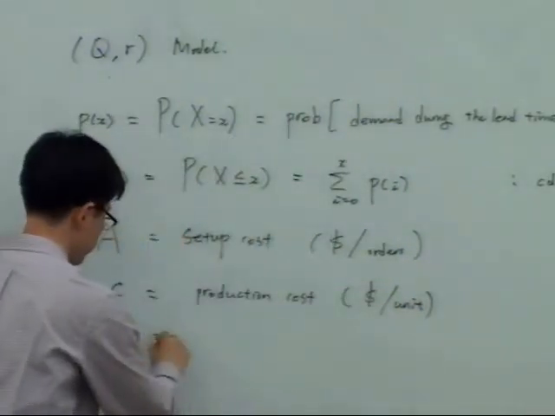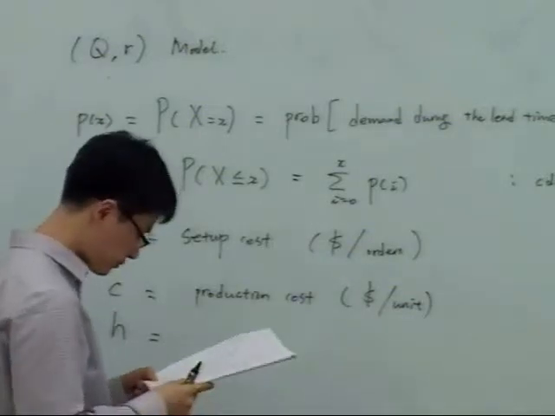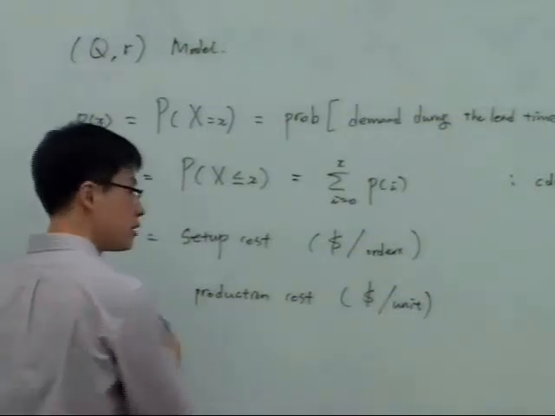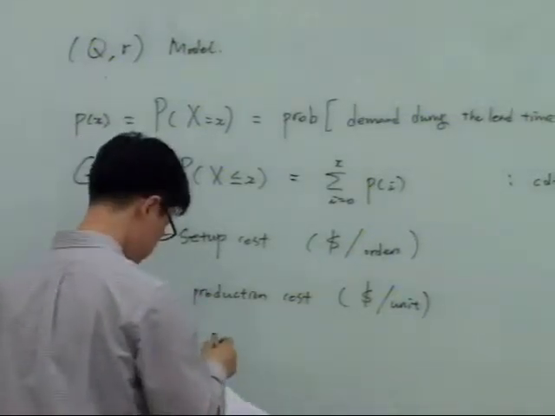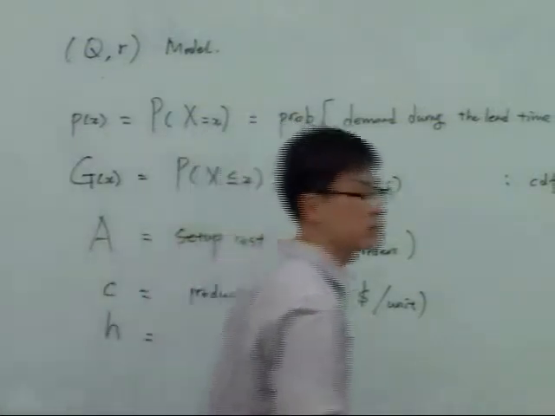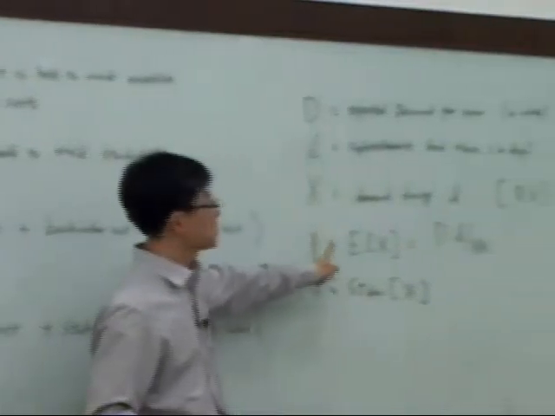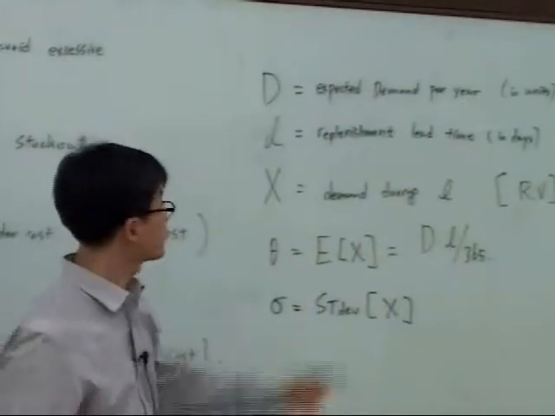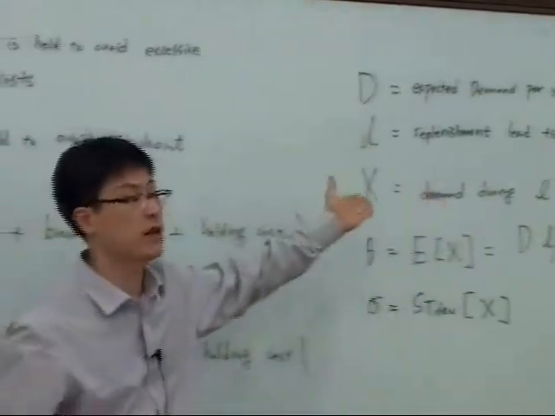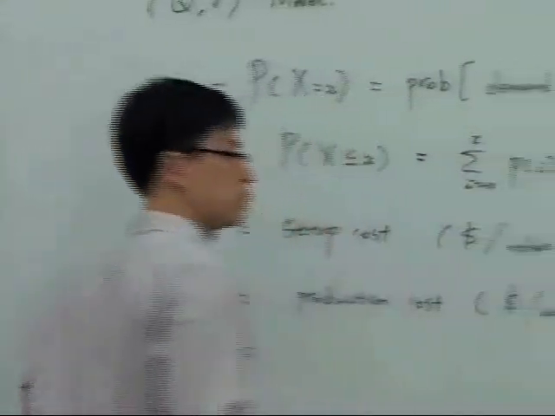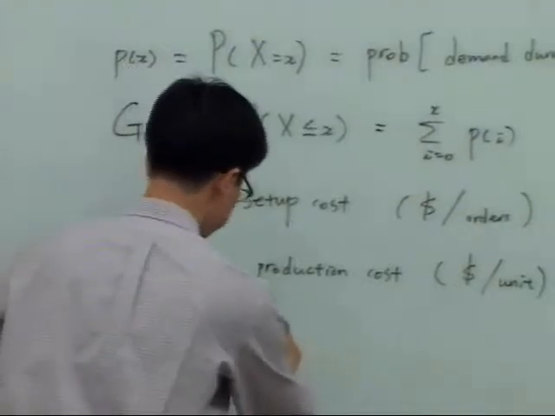Small h, this is the holding cost, but X is about during L, while D is about annually. So for now, let's stick to the annual time span.